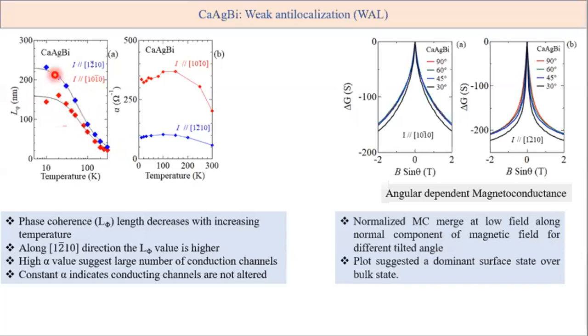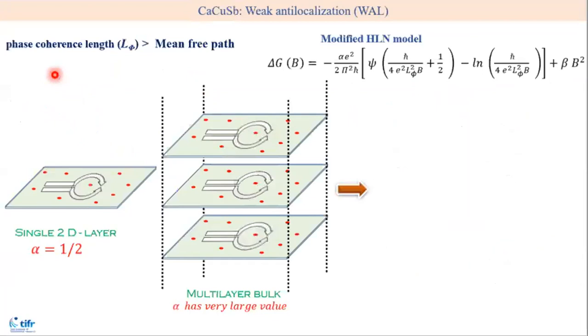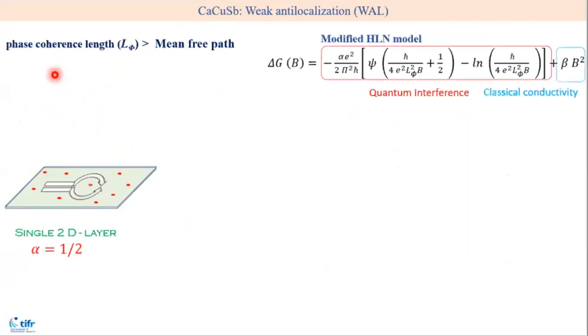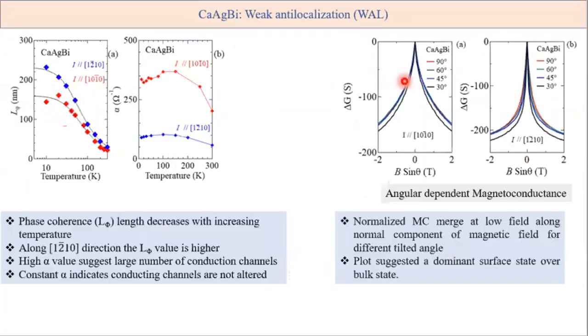And as the phononic contribution comes, you see that this quantum interference effect will die out, and classical conductivity plays a more important role than quantum interference. So it decreases rapidly, and at very high temperature it must be killed.